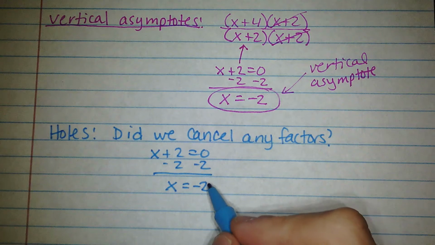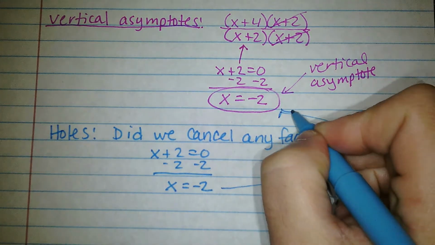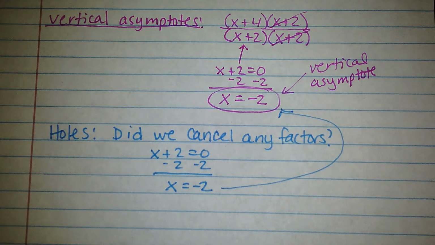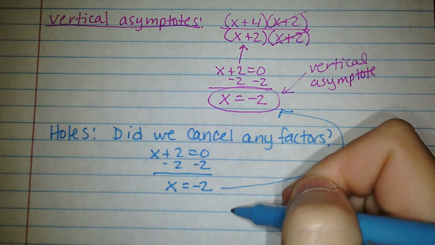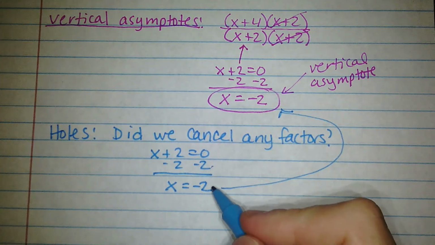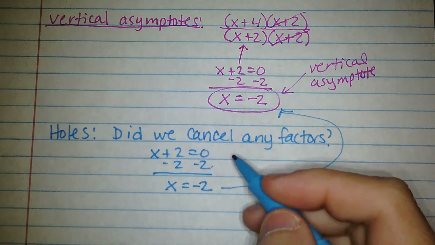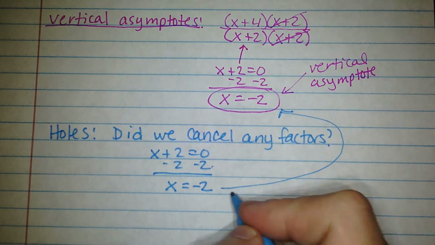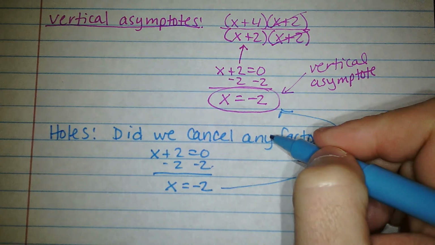Since our hole value matches our vertical asymptote value, the vertical asymptote is bigger than a hole. A hole is one coordinate point. A vertical asymptote is the whole line. So you would cancel the fact that this is a hole because it gets absorbed into the vertical asymptote.